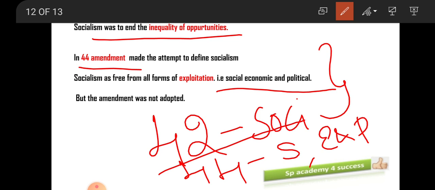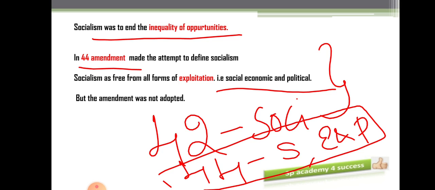But that attempt was not adopted. Right. So this is all about the term socialism.